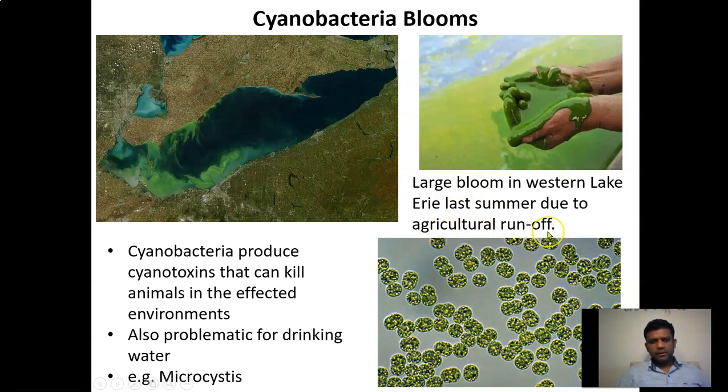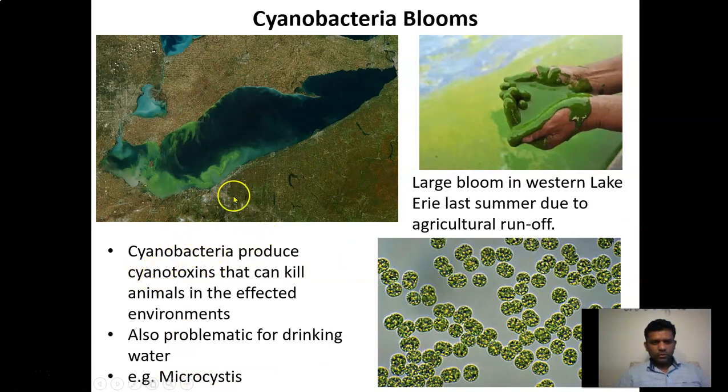If fertilizers from nearby fields get in the groundwater and end up in the lake, then they promote the growth of cyanobacteria. And some cyanobacteria, like Microcystis, can be toxic.